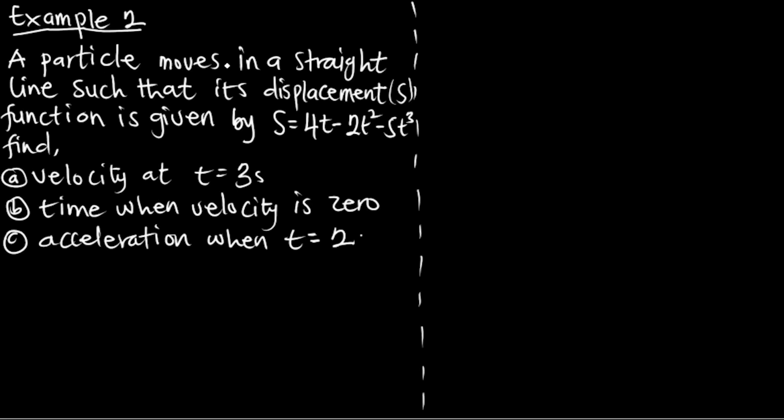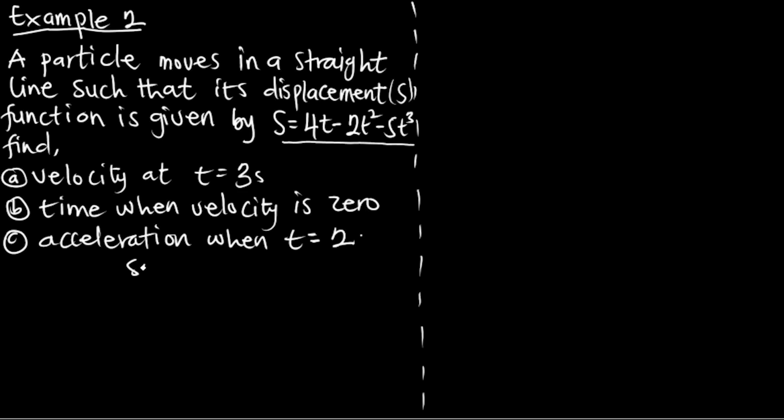A particle moves in a straight line such that its displacement function is given by s in terms of t. Find the velocity at t equals 3 seconds, the time when velocity is 0, and the acceleration when the time is 2 seconds.